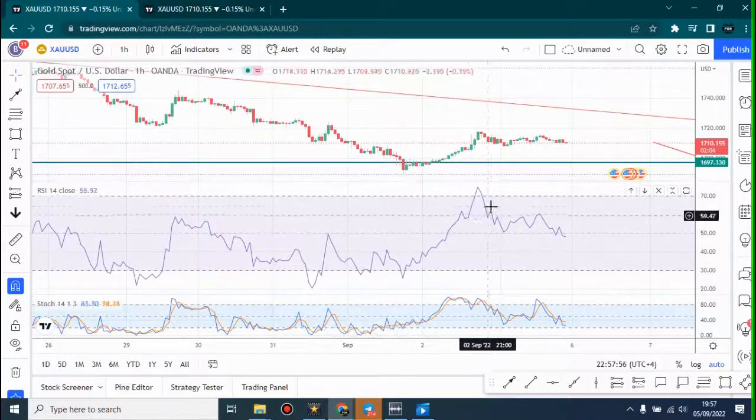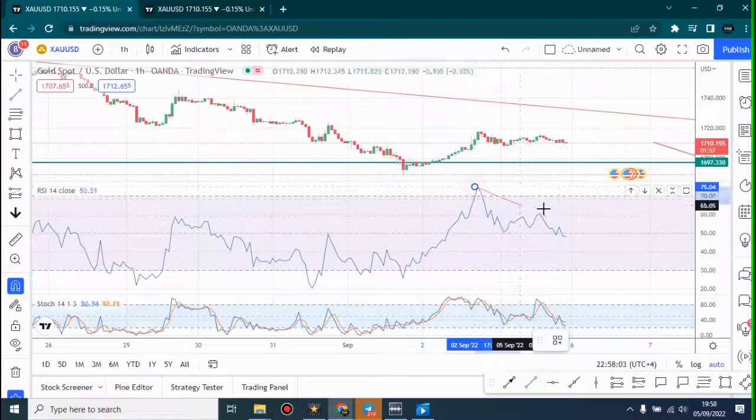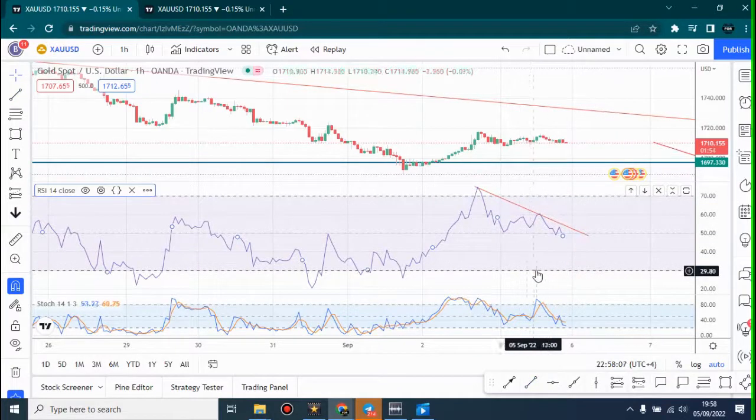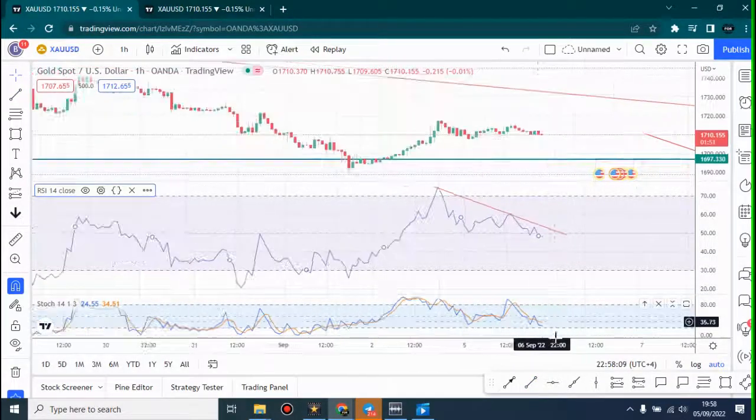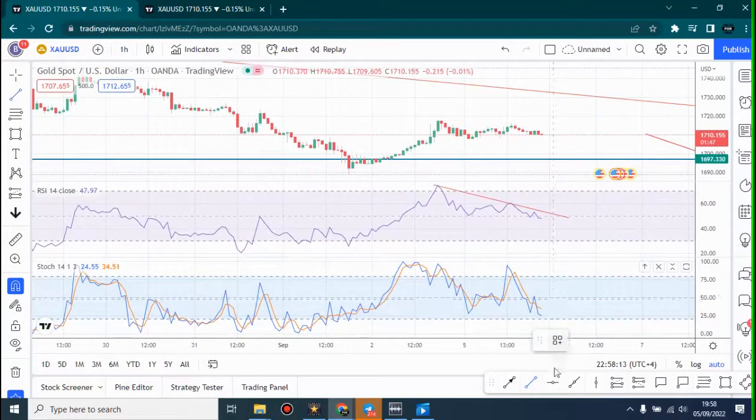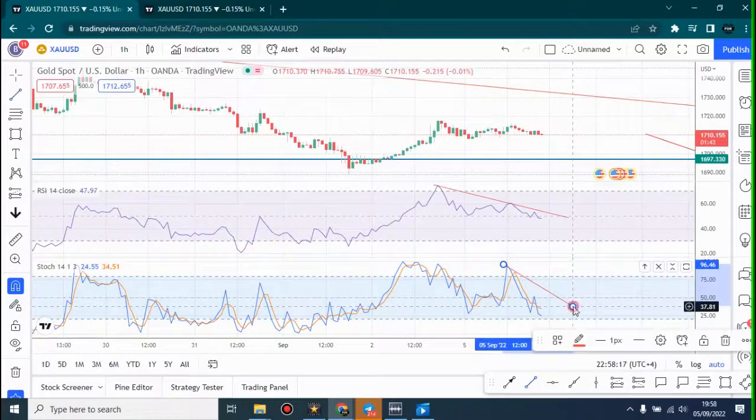In the RSI, it's still bearish also, because you can see how price is going downwards in the RSI. So as per the two indicators, price is going downwards.